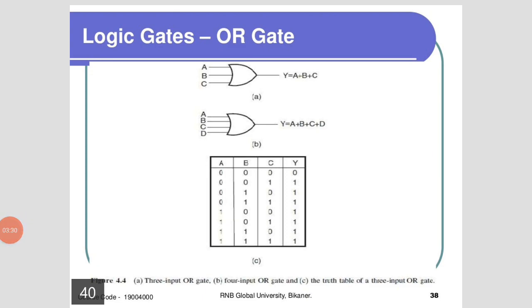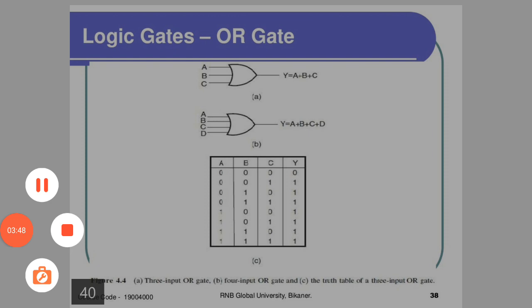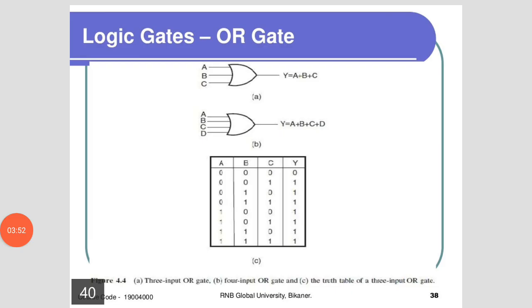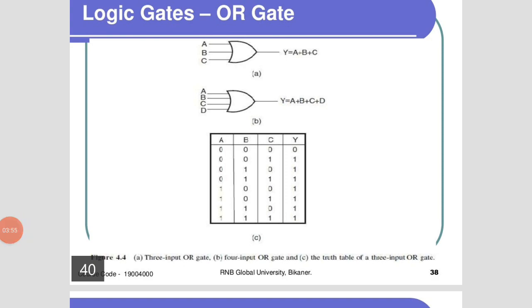Then 0 0 1, output is 1; 0 1 0, output is 1; 0 1 1, output is 1; 1 0 0, output is 1; 1 0 1, output is 1; 1 1 0, output is 1; and 1 1 1, output is 1. This is the truth table of the three input OR gate.